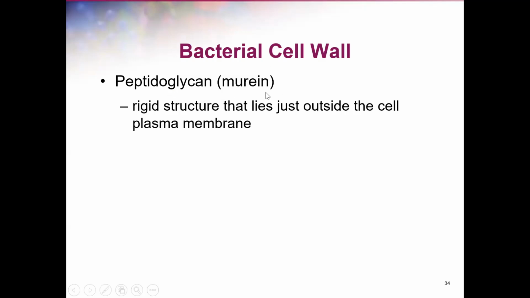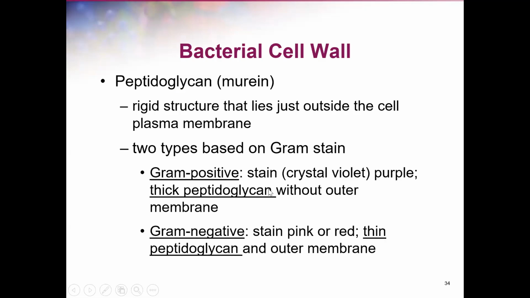It has another name, murein. This is very unique for bacteria. Archaea and eukaryotic cells don't contain this structure; they have other kinds of structures.